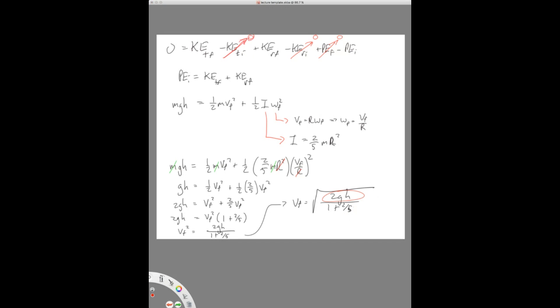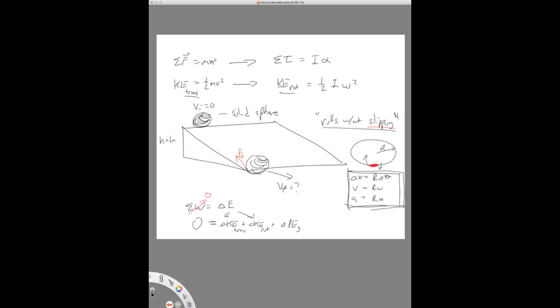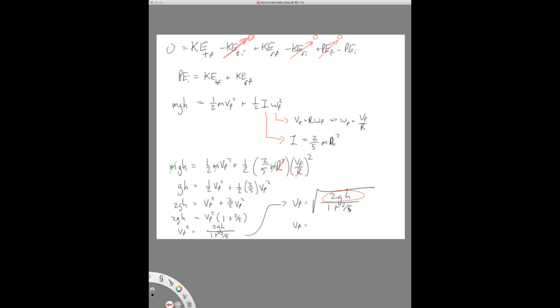So when we put in our numbers for this problem, we had a height of 1 meter, and that's the only number we need. 2 times 9.8 times 1 over 1 plus 2/5.